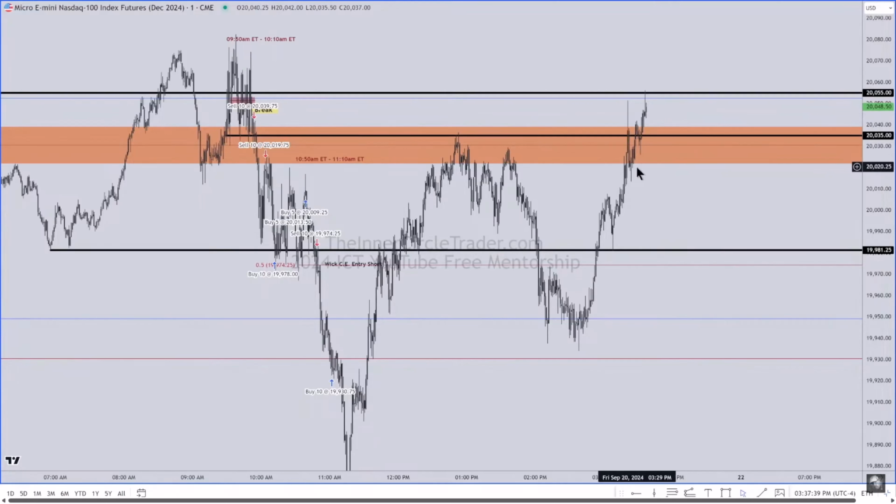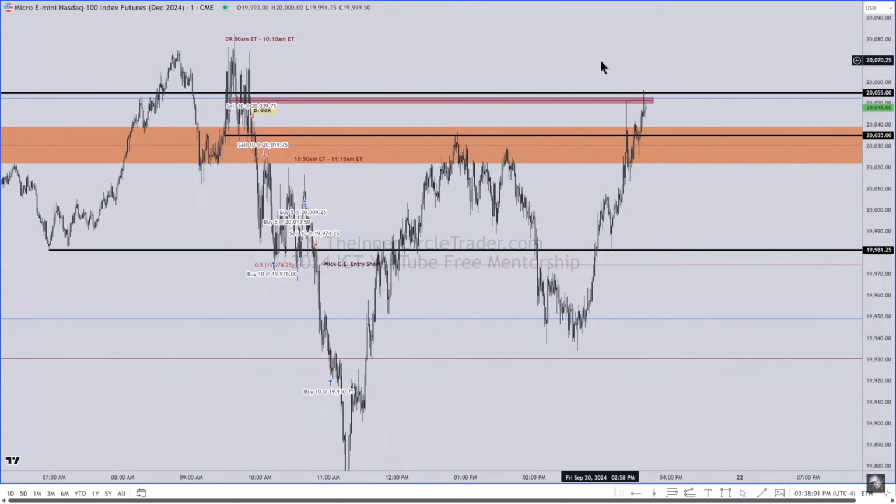Yesterday's fair value gap. But now, late in the day, we're returning to first fair value gap. That's true value on the daily range. Your first presented fair value gap between 9:30 and 10 o'clock, you need to know what that is because the algorithm is going to refer back to it. Unless it's a trending day, it's going to refer back to it. I have done so many trades without pointing this to you, but if you go back and look at them, you're going to see that this is a lot of what I'm doing.